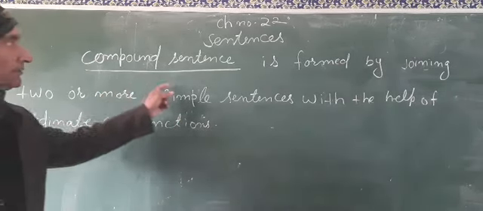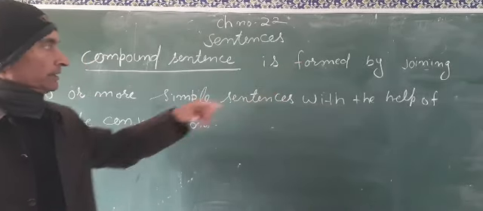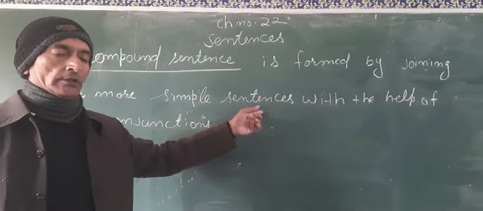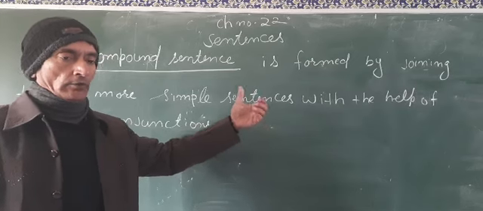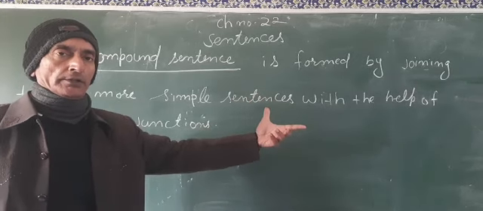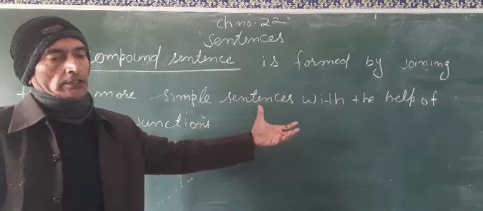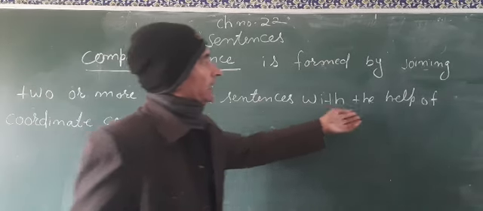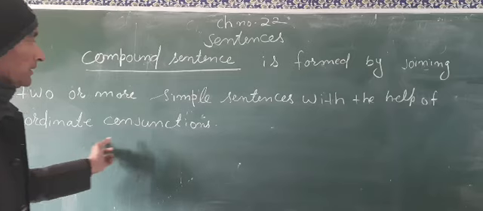So, a compound sentence is formed by joining two or more simple sentences. There can be two simple sentences or more than two simple sentences. Each will have its own subject and predicate, joined with the help of a coordinate conjunction.